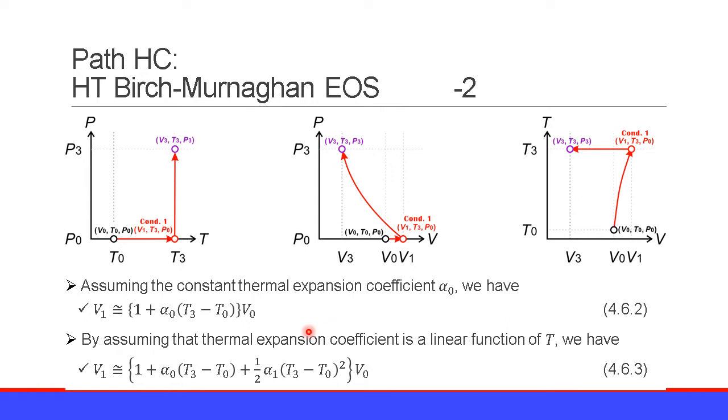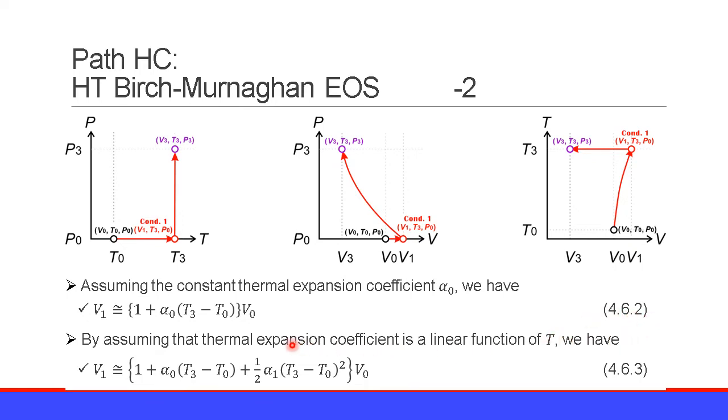But here we first approximate the thermal expansion as a constant quantity. In this case, volume at high temperature is approximated by 1 plus alpha 0 times T3 minus T0, times initial volume V0, equation 4.6.2.